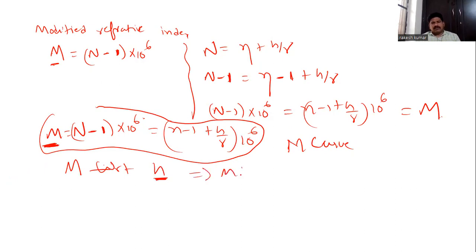This is nothing but the M curve. When we plot M against H, we call it the M curve.